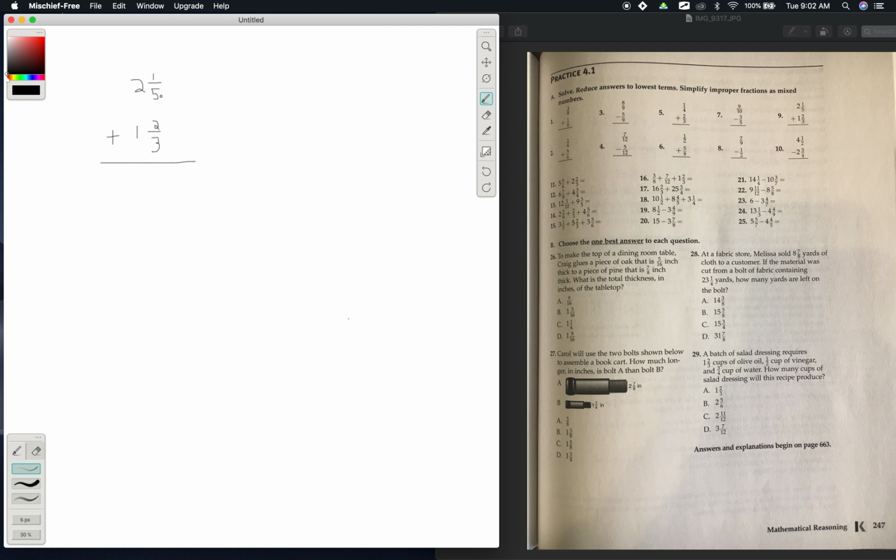So, let's see. You can usually start by, well, it's really the only way to start, but you can start by doubling the largest denominator, okay? And see how many times this denominator here will go into that.